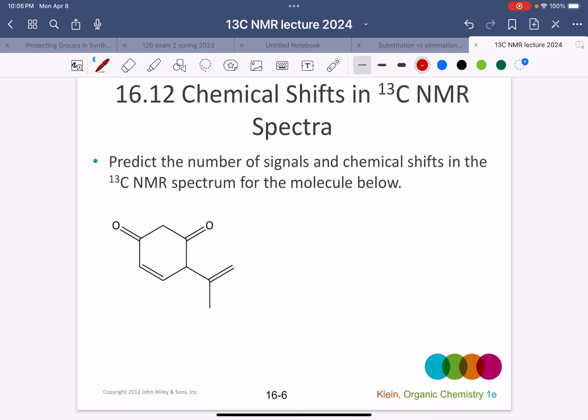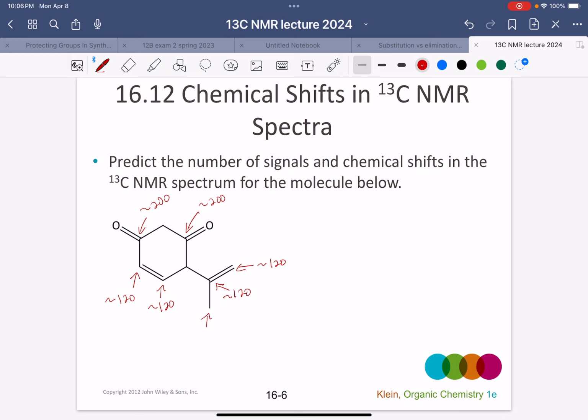So let's see. I would expect around 200 ppm for those guys. And then that's probably around, I don't know, around 120 maybe? Around 120. I'm just choosing numbers in the middle of the region.